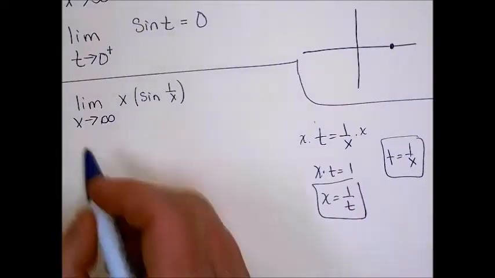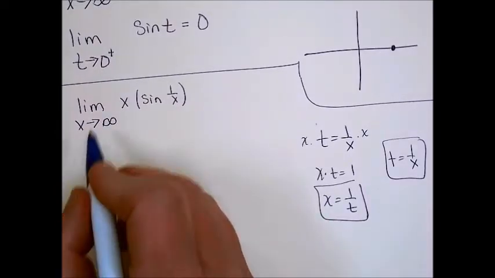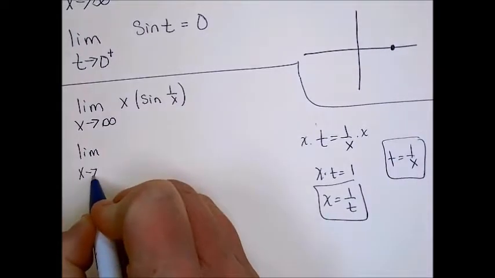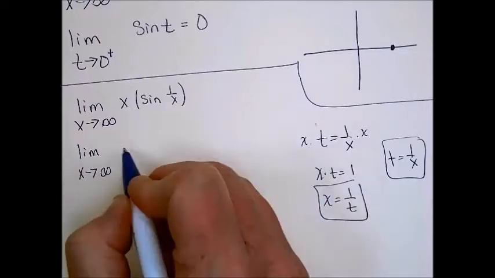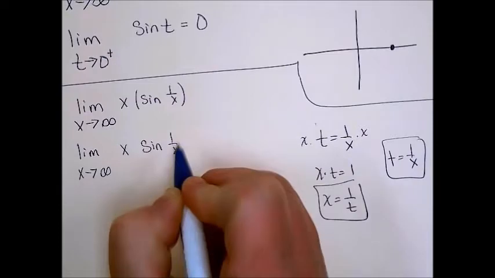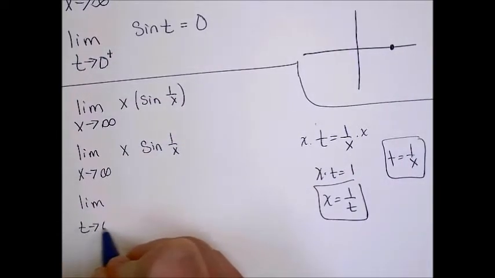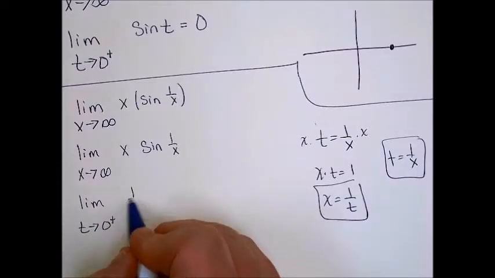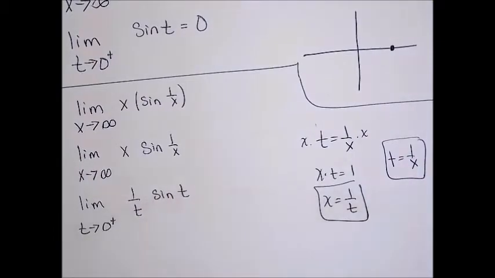Okay, so this is the limit as x approaches infinity of x times the sine of 1 over x. Now I'm going to switch it over to t. The limit as t approaches 0 from the right of 1 over t times the sine of t.